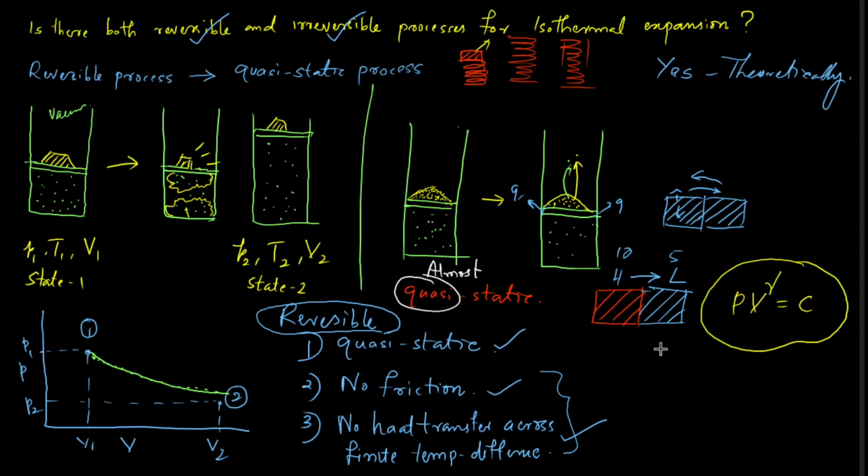Otherwise, all the processes we are going to study, or have studied in our class, are ideal processes, and they are all reversible processes, because we are not considering any friction or heat transfer with finite temperature difference. So in this entire course we will be talking about reversible processes only, even though all practical processes are irreversible. So thank you for this question.